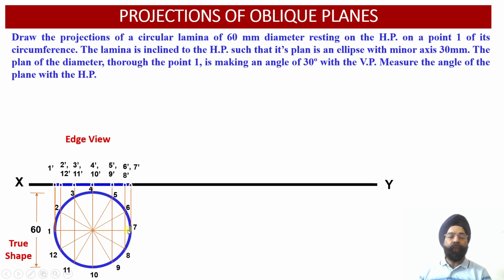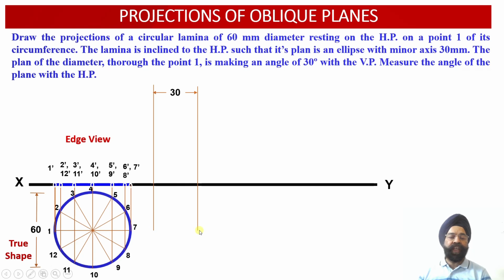So with this reference, you can see, we know the distance between the end projectors of the diagonal 1 7 in the plan. This is the end projector corresponding to the point 1. This is the end projector corresponding to the point 7, because here we are going to get the diagonal 1 7 located over here in the plan.